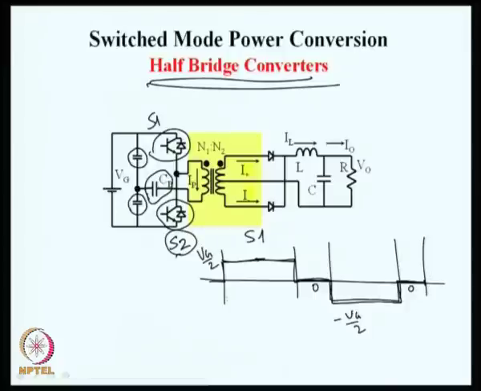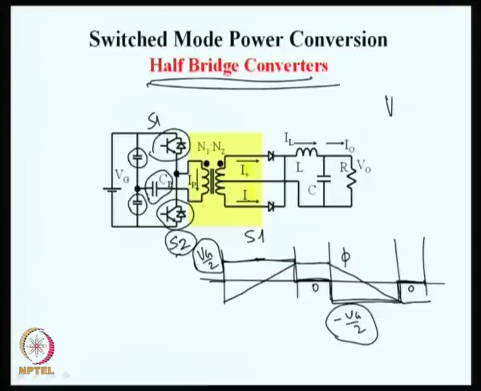So, naturally the flux also will follow: ramping up, constant flux, ramping down, and then constant flux. So, this will be the flux waveform. What we notice is that the flux is now bipolar, or the magnetic core is fully utilized. The transformer voltage is only half the supply voltage; if it is Vg, only half of that voltage is supplied to the primary.